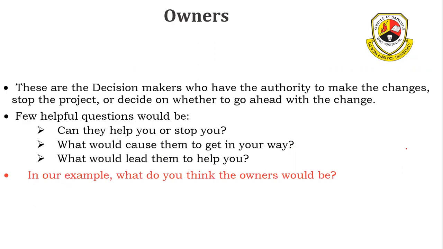Then we come to the owners, the O part of CATWOE. So these are the decision makers, those who have authority to make the changes. There are those who have authority either to go ahead with a project or stop it. Can they help you or can they stop you?